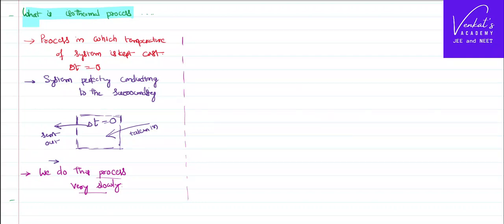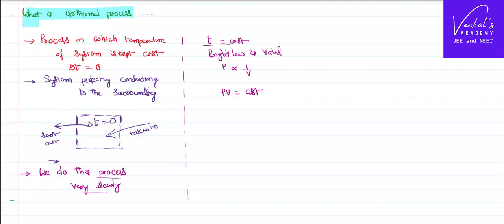One more thing is, as temperature of this gas is kept constant, Boyle's law is very much valid here. What is Boyle's law? At constant temperature, pressure is inversely proportional to volume, or pressure times volume equal to constant.